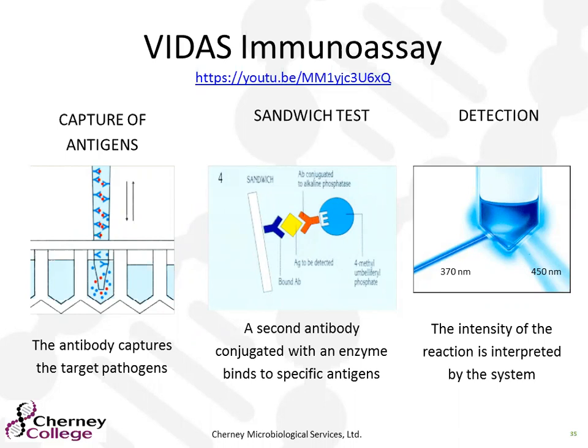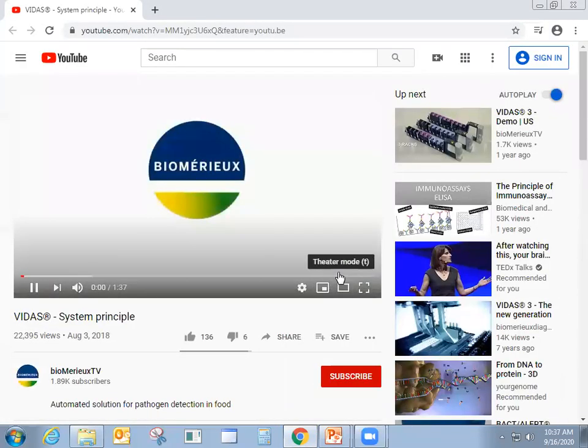That light is actually what's being measured. Once it breaks a certain threshold, we can say that there was enough of that target organism present to call it a presumptive positive. So have a quick video here to further demonstrate that as well.